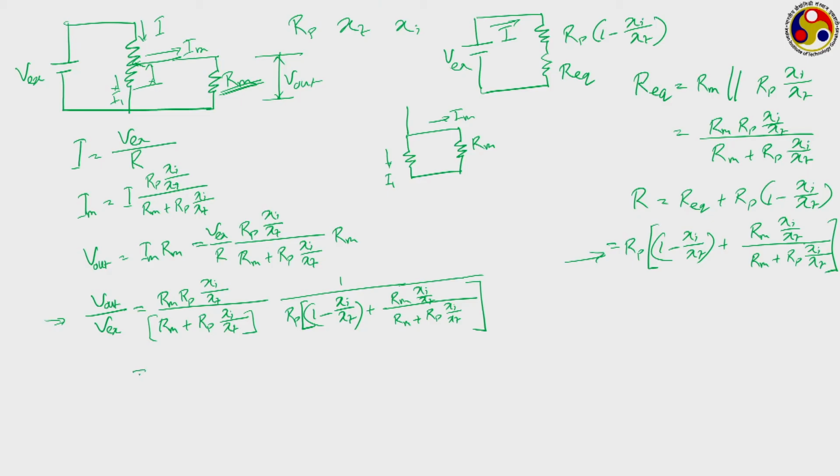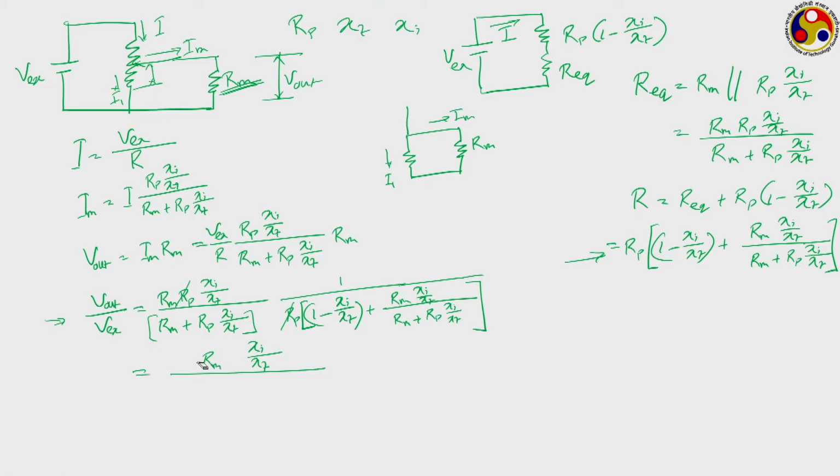So, in the numerator there is no change, Rm Rp into Xi upon Xt, and in the denominator we can cancel out one Rp, this one and this one cancel out.